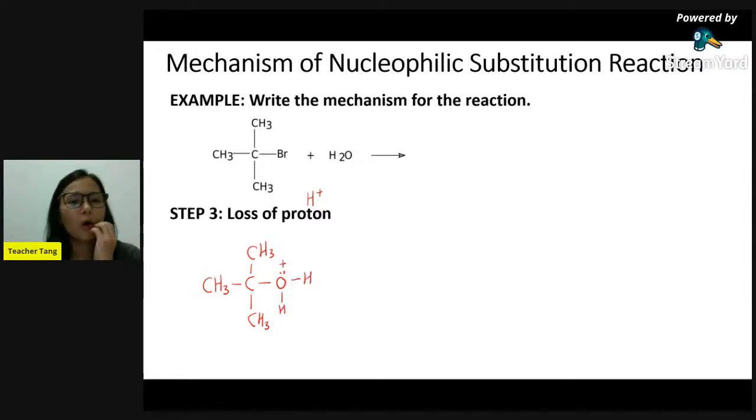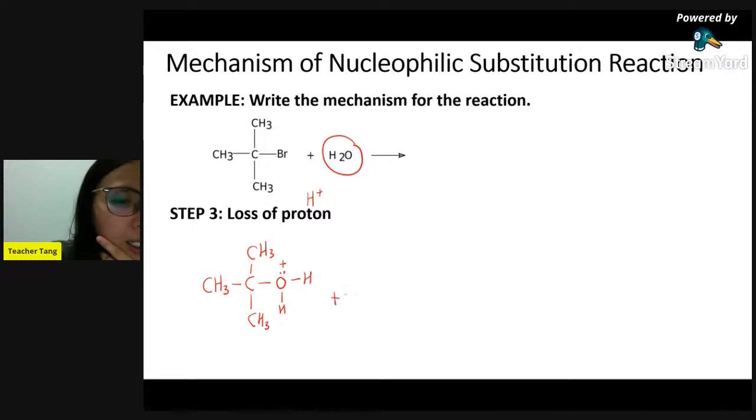So who can come in to remove the hydrogen? Basically it is the water, because there is plenty of water in the reaction. So it will come in. Remember, to get your product, this bond must break. When the bond breaks, the electrons need to go to oxygen, sebab oxygen lebih electronegative.